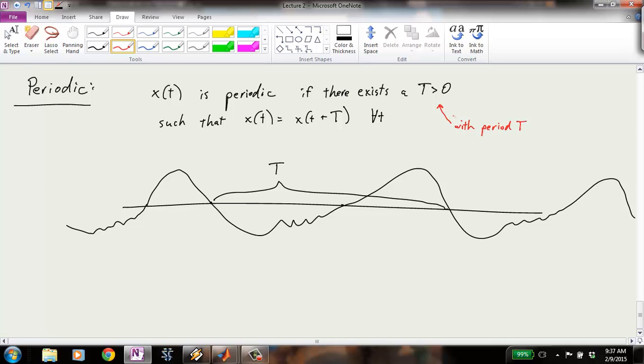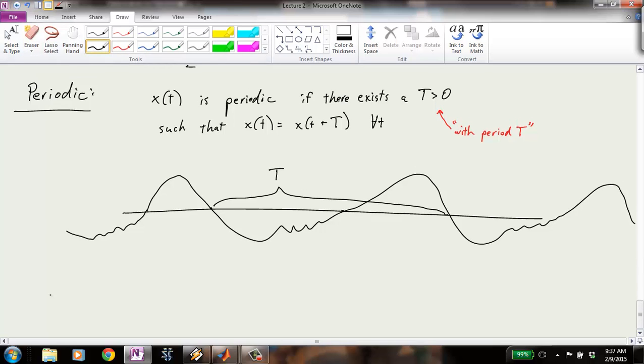So it's periodic with period capital T. Now, there's more than one period with which this is periodic. Notice that if it's periodic with T, it's periodic with 2T. So any multiple of the period is also going to be a period. So we also want to know the fundamental period. The fundamental period is just the smallest period.